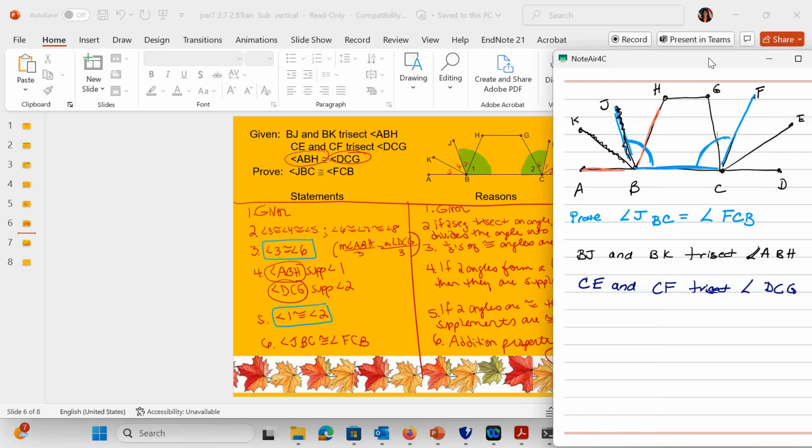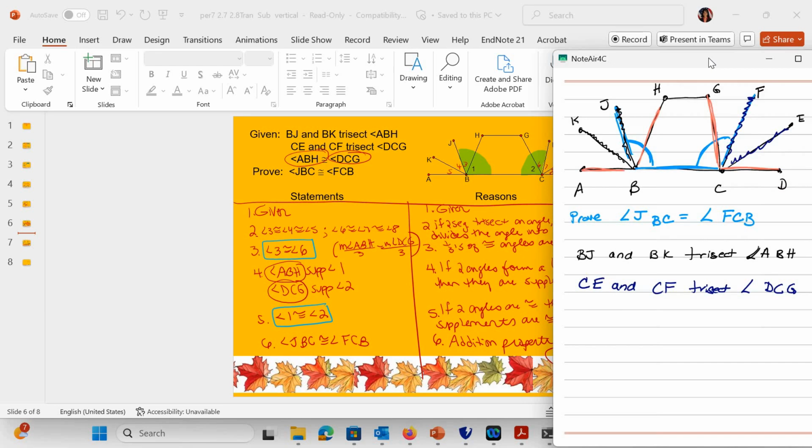That means this guy over here and this guy over here cut up this angle, which I'll put in red again, into 3 equal pieces. So these 3 are all the same. I'm defacing this a lot, but I hope you're tracking what's going on.